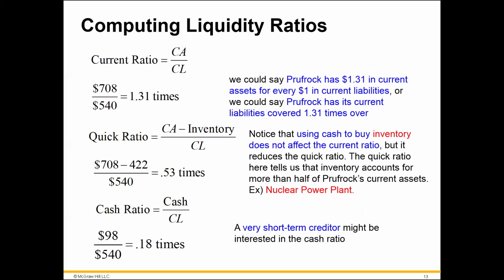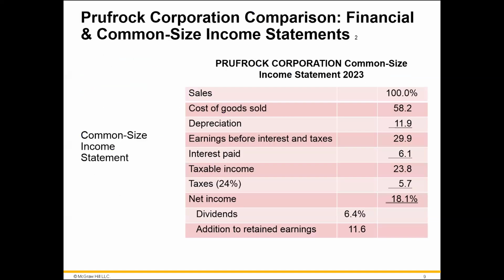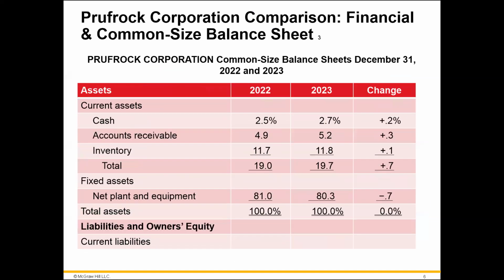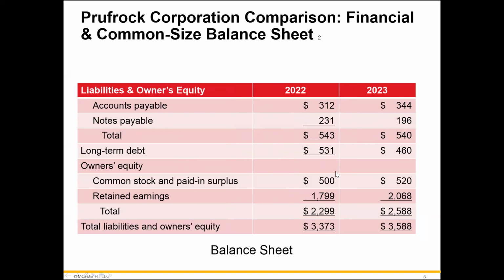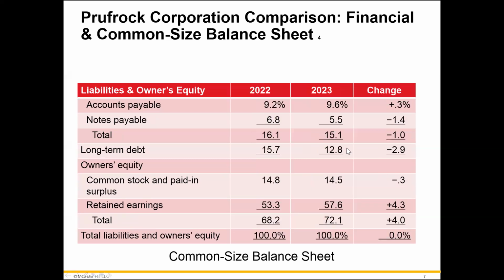For the example of the Prefferred Corporation, it was 1.31 times.